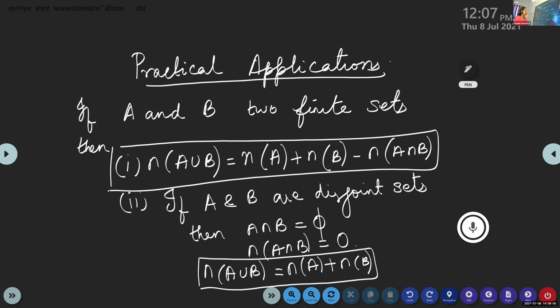So we get n of A intersection B is 0. Therefore, n of A union B will be same as n of A plus n of B.